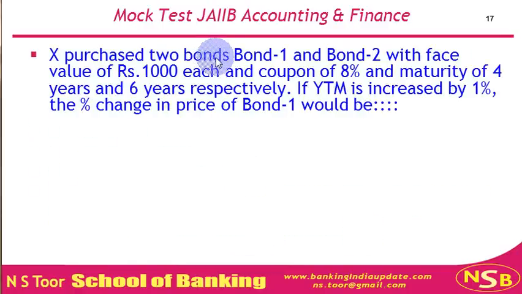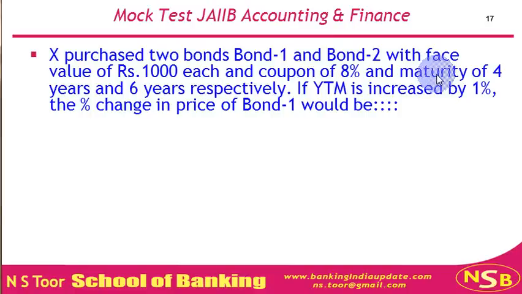X purchased two bonds, bond 1 and bond 2, face value 1000 each, coupon 8%, maturity 4 years and 6 years respectively. So there are two bonds, the face value is the same and the coupon is also the same, but the maturity period is different.